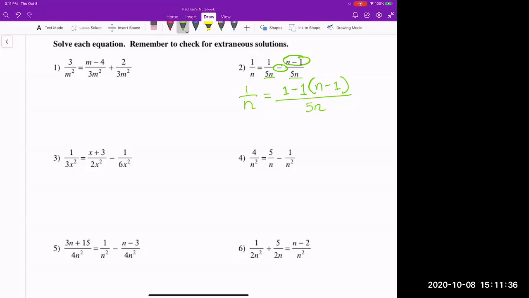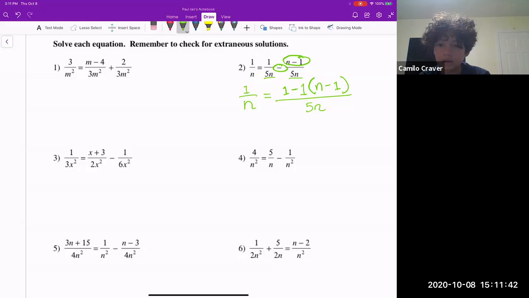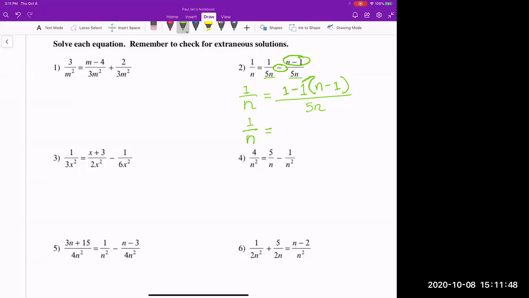So what do you do now? You distribute this. Yeah. Okay. So 1 minus n minus 1 times minus 1 is plus 1. 5n. See, this one actually looks different.